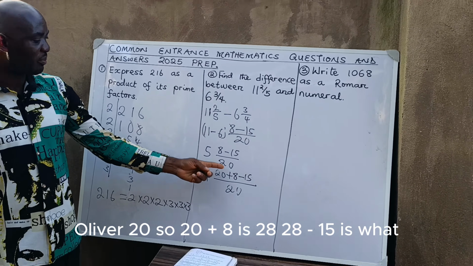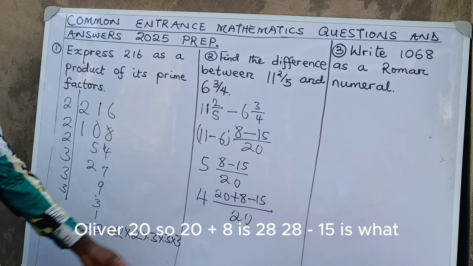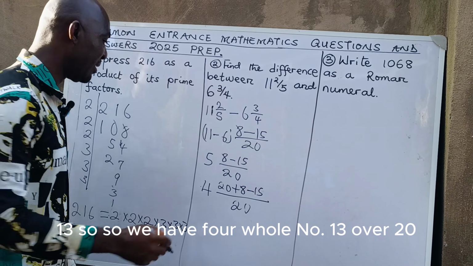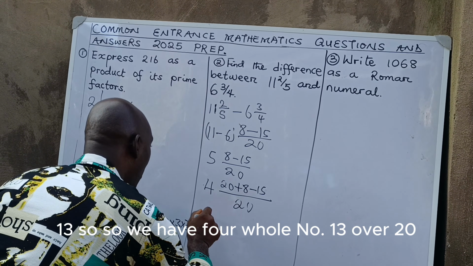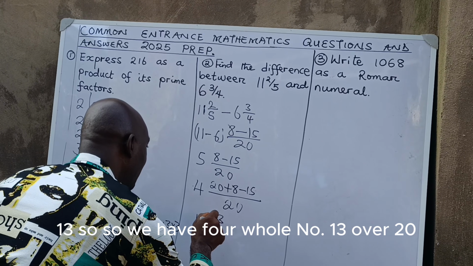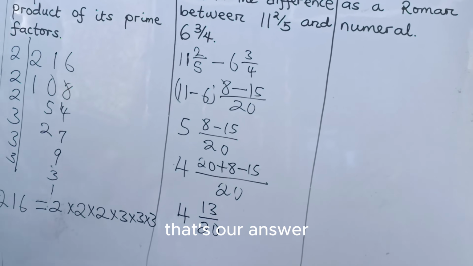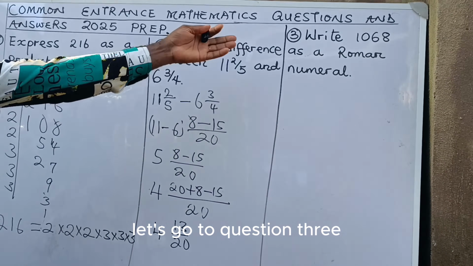So 20 plus 8 is 28. 28 minus 15 is what? 13. So we have 4 whole number 13 over 20. That's our answer. Let's go to question 3.